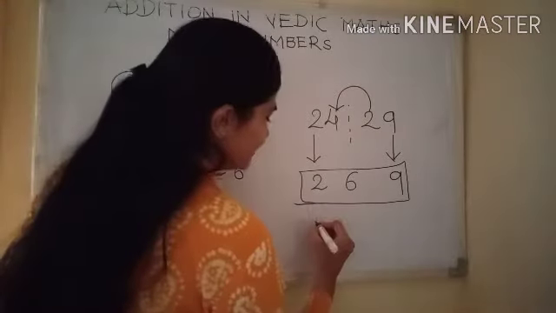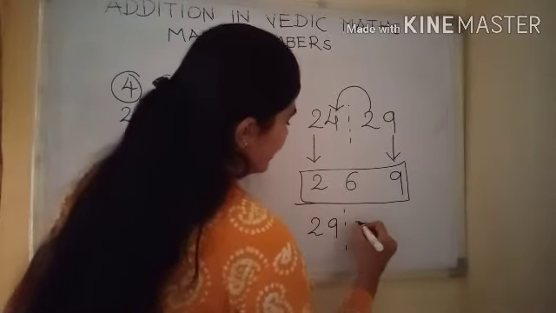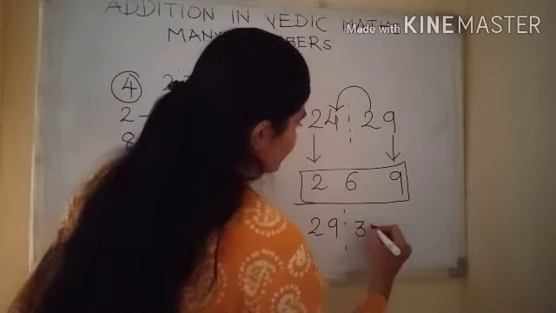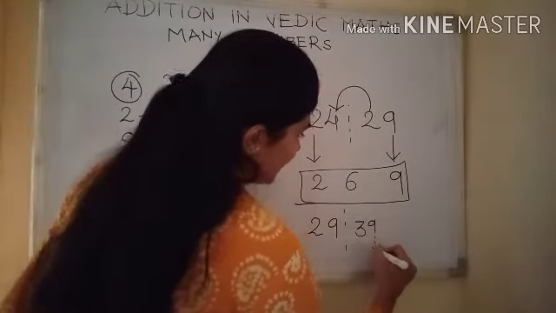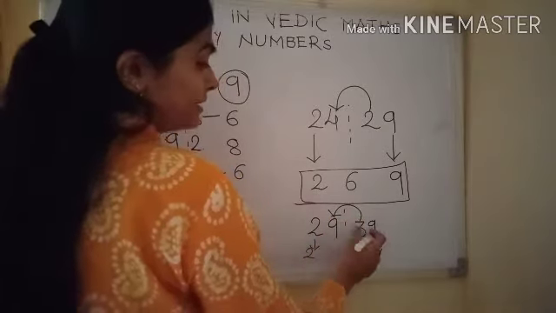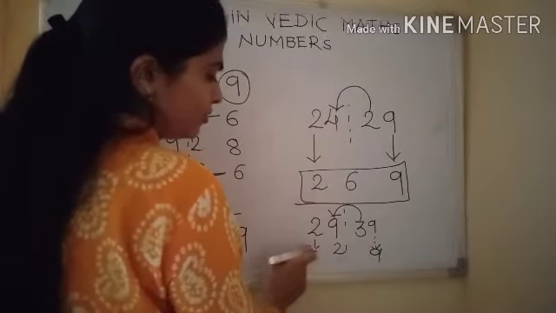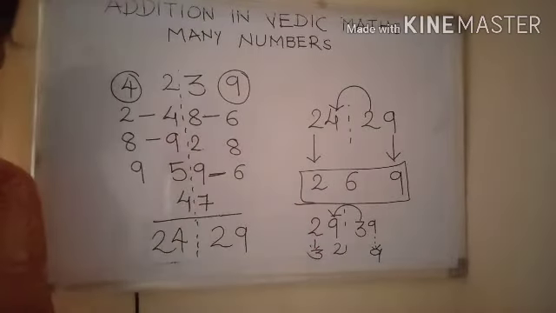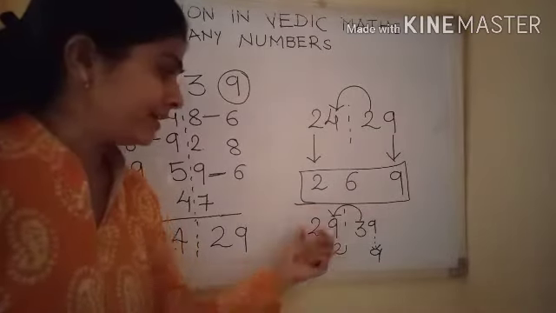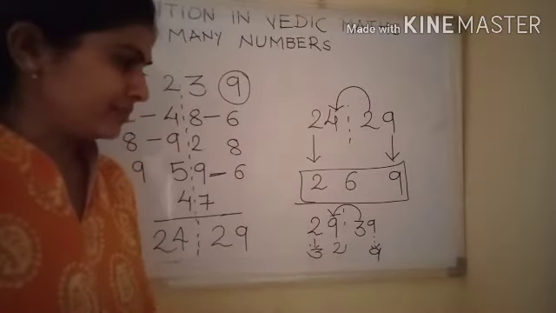Suppose the answer would be like 29 and 39. Then the 9 stays as it is, the 2 stays as it is, and 9 plus 3 is 12, but it is a carry combination, so write only 2, and here instead of 2 we need to write 3. We need to take care about this digit. Hope you have got this method.